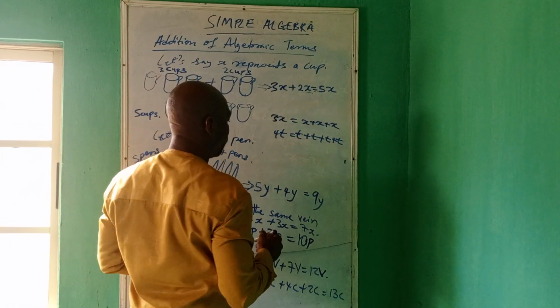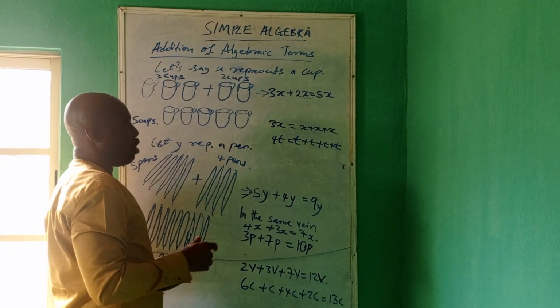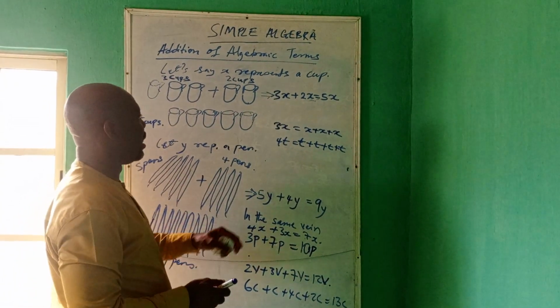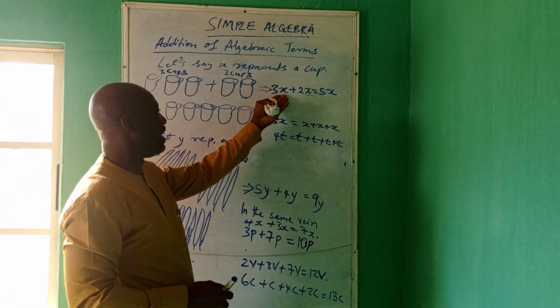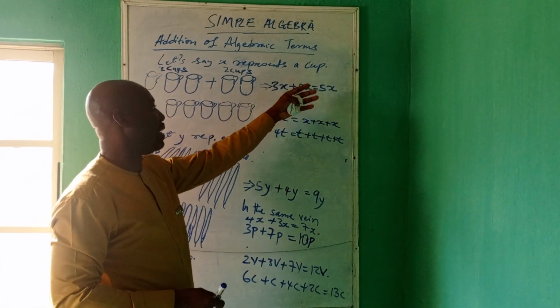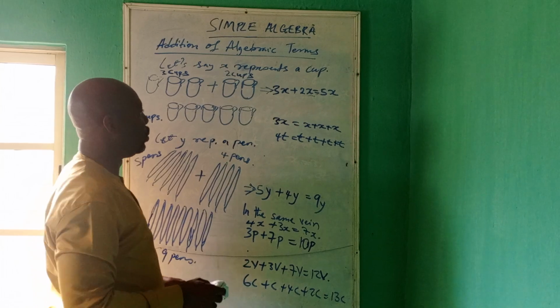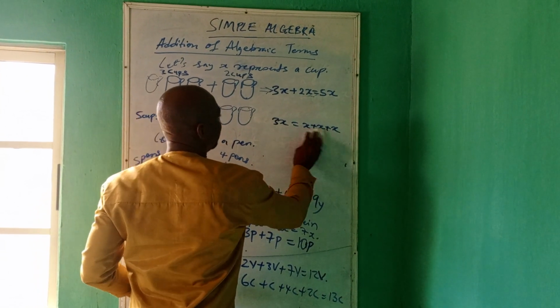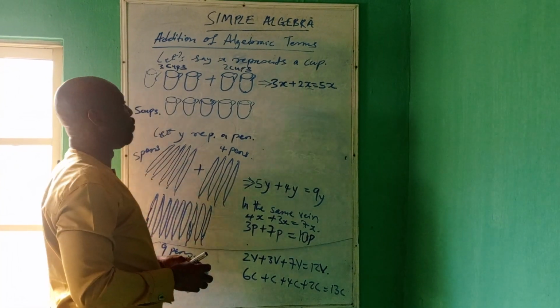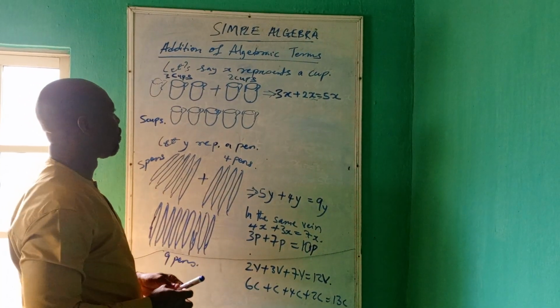So if you have not watched that video, I'll put the link below so that you understand how we got to this 3x, 2x, and then we start seeing some algebraic terms here. There's a video on that. But this video is on the addition of algebraic terms.